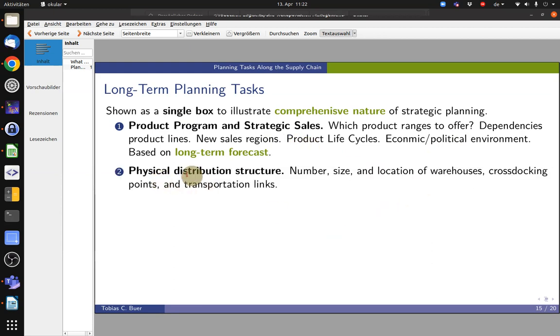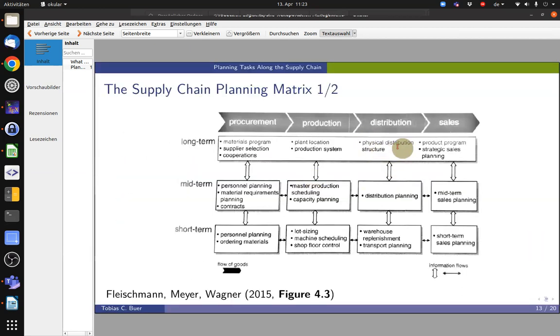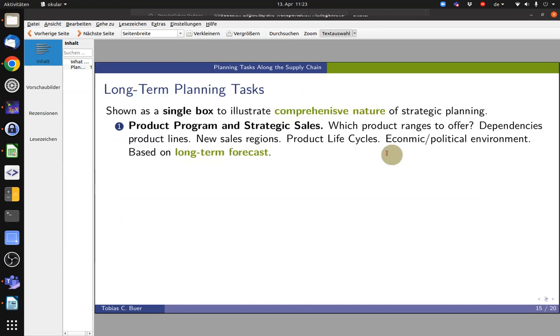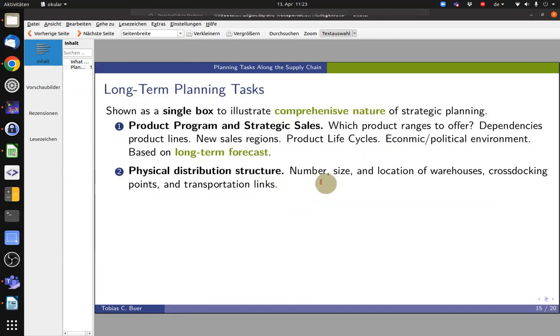We have to think about the physical distribution structure. Again, now we're discussing the second point from the right under distribution and long-term. This includes the number and location of the warehouses, the cross-docking points, and how we transport goods between the warehouses. Do we use railroad?